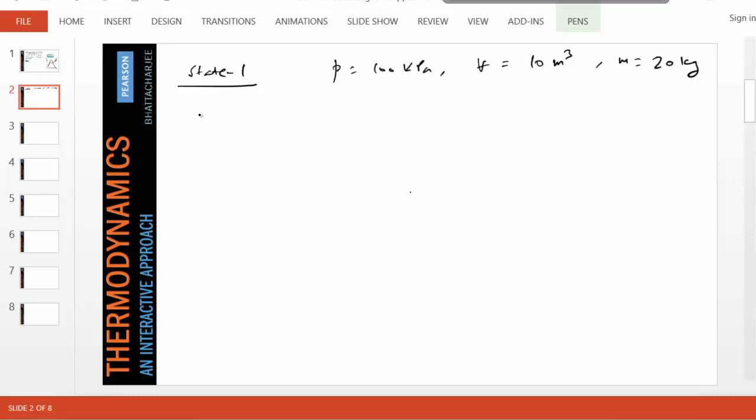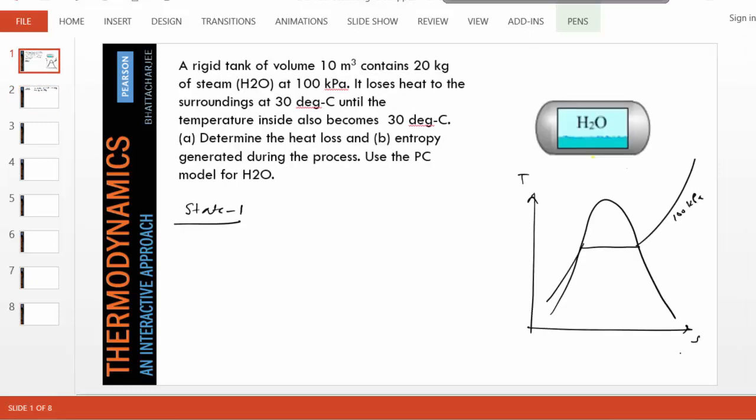Therefore, we know a second thermodynamic property, specific volume, becomes 10 by 20, 0.5 meter cube per kg. So immediately we know that for state 1, pressure and specific volume are known.